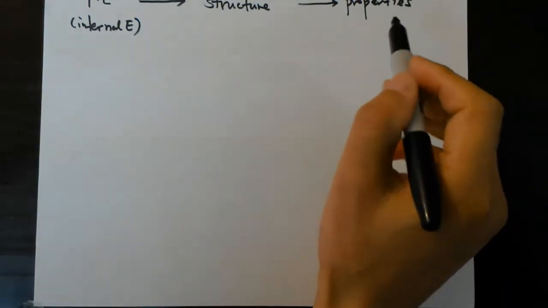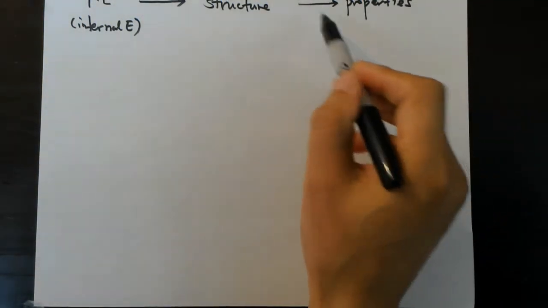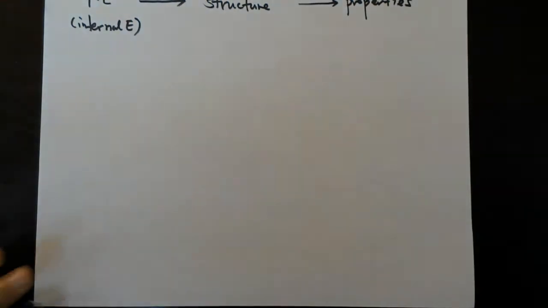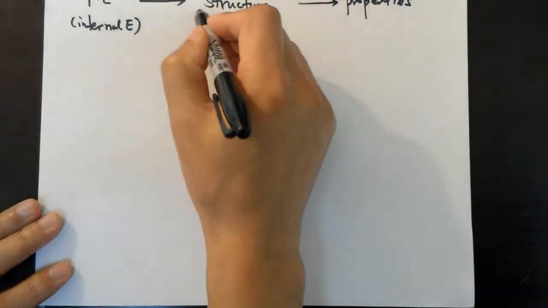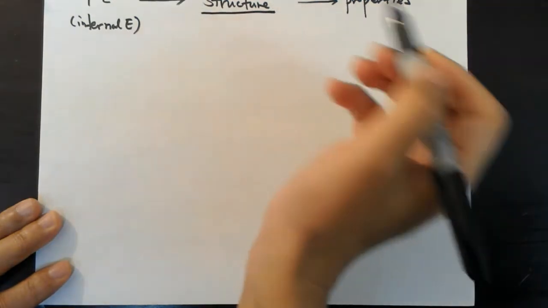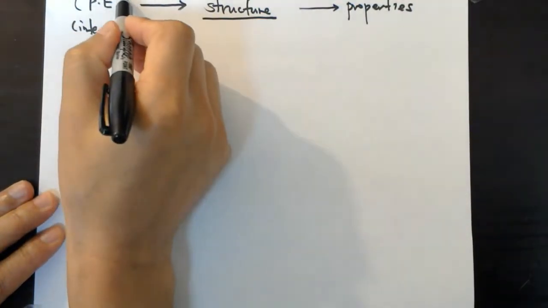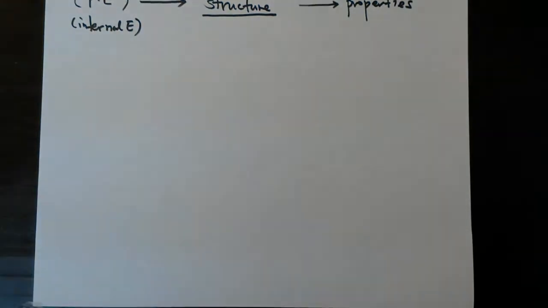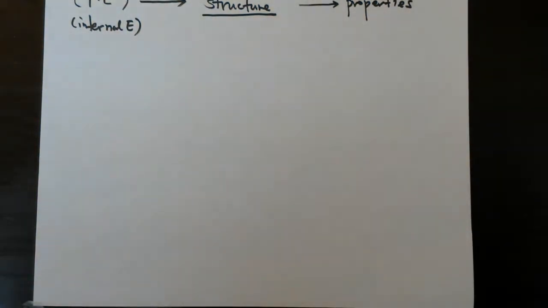However, we need to talk a lot about this in later videos. Right now we are working on structures. So whatever we do, we have to always consider the nature of the molecule that tries to lower the internal energy.